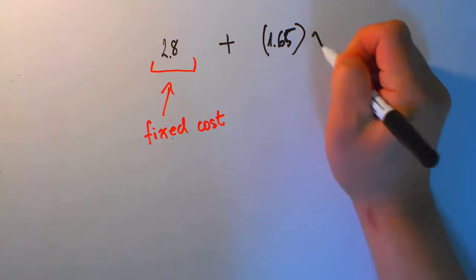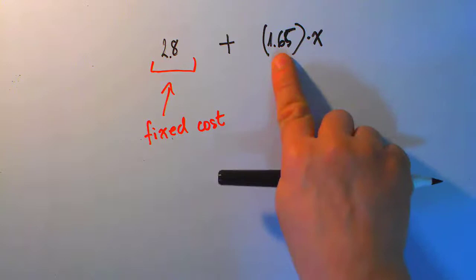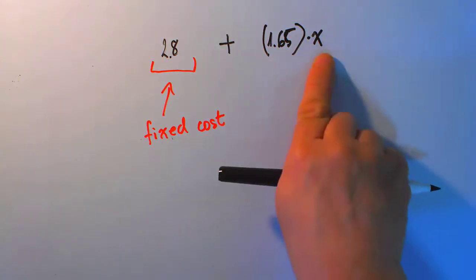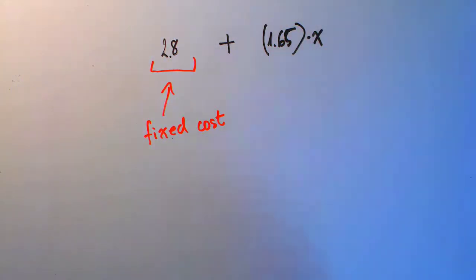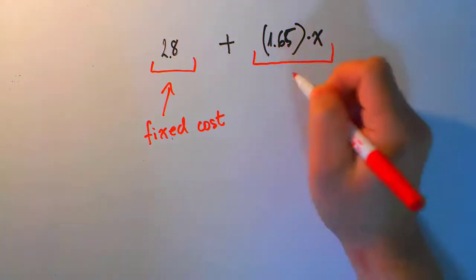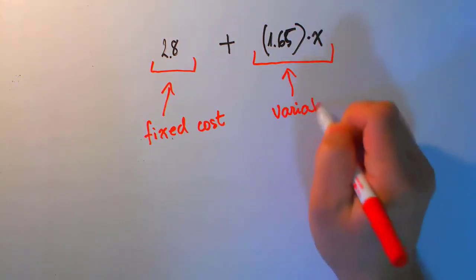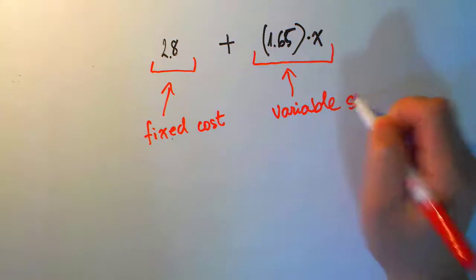So now if you travel for x miles, then it makes sense that this cost right here is $1.65 for each mile multiplied with x miles. Basic math comes out. But the understanding in this portion of the cost here is we regard this as a variable cost.